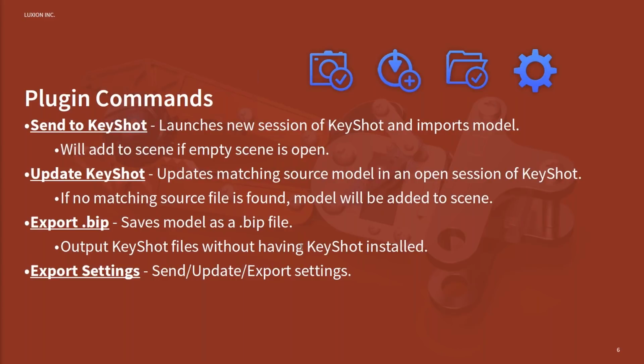So say your engineering team doesn't actually use KeyShot, but they want to give you the SOLIDWORKS models in the most reliable format and workflow, then what they should do is export that BIP file and pass that over to the designers. And then finally, you have the export settings, which we're going to go over in a little more detail.